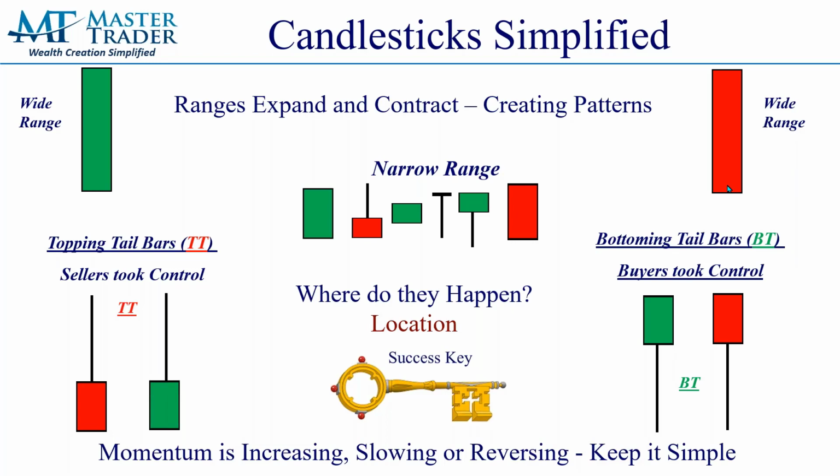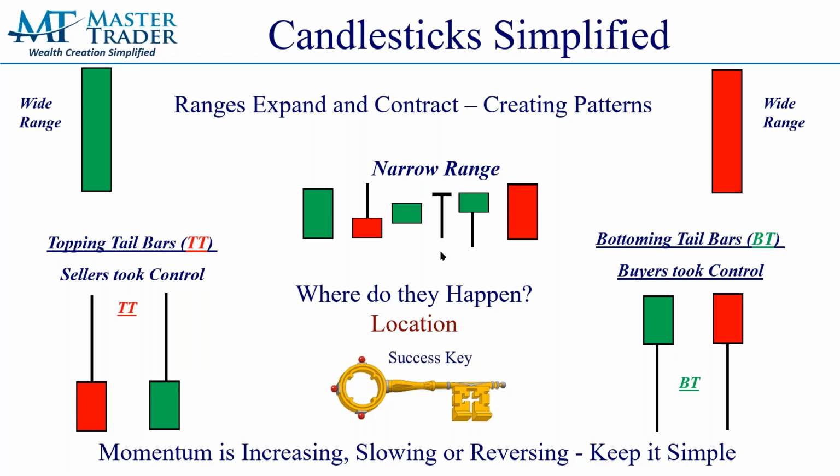If it's a big tail bar, that means it went up and it came back down. If it's got a tail on the top, you say sellers took control. As you can see, the narrow ranges there have some little tail bars, bottom and top.